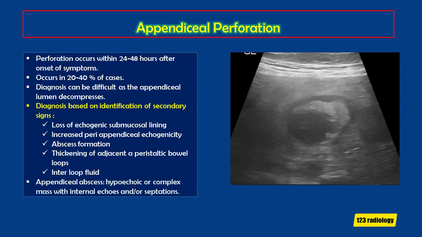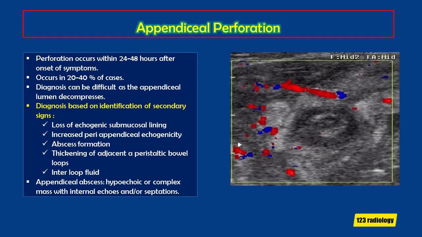Appendiceal abscess appears as a hypoechoic or complex mass with internal echoes and septations. Occasionally, the appendiceal stump is displayed as an echogenic tubular structure projecting into the hypoechoic fluid-filled abscess. Color flow Doppler sonography usually demonstrates flow in the wall of the abscess and adjacent soft tissues.